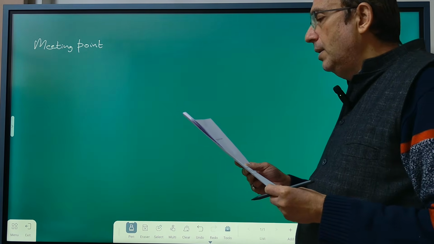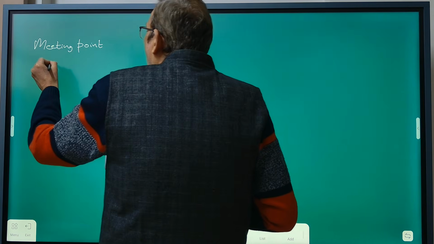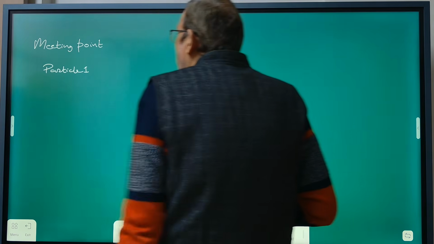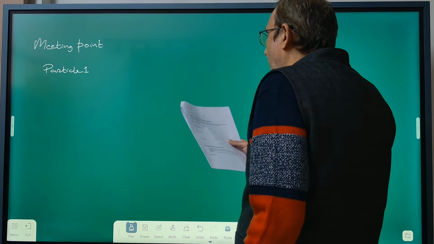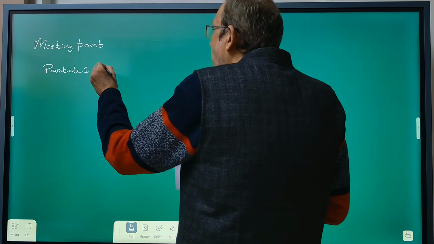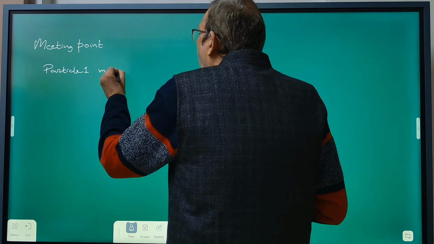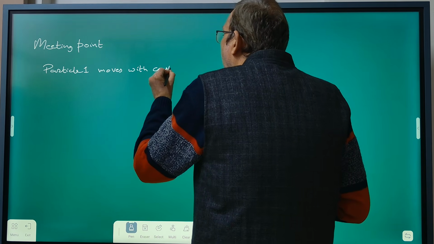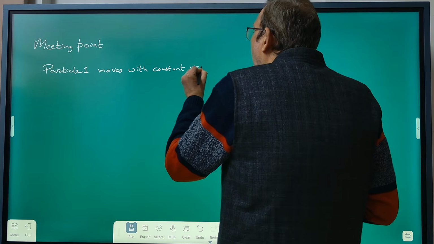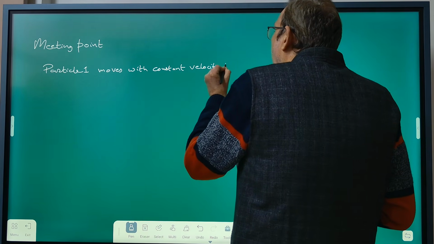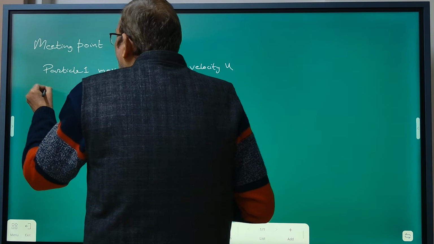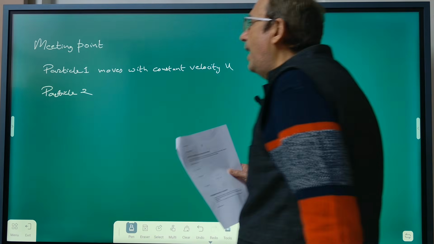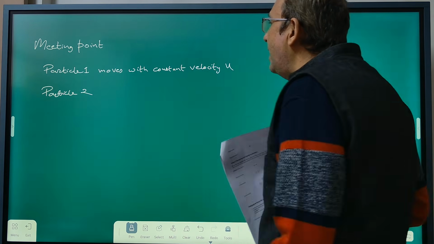In that, what is given is there are two particles, particle 1 which moves with a constant velocity, and that is u, and particle 2, and that particle 2 moves with a constant acceleration.